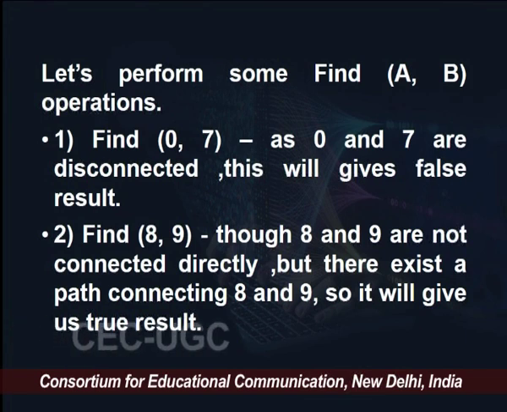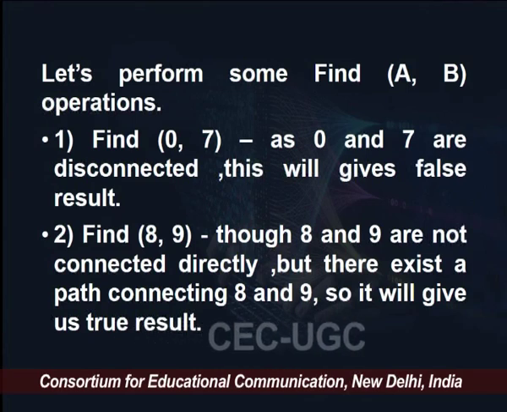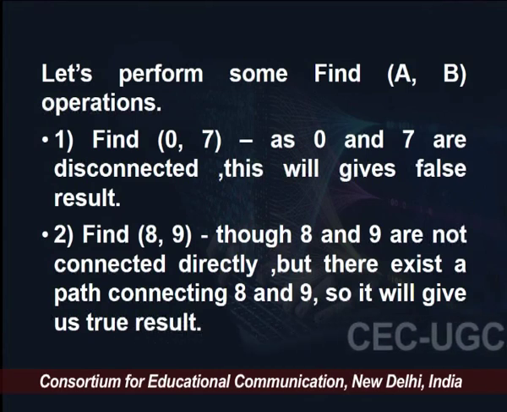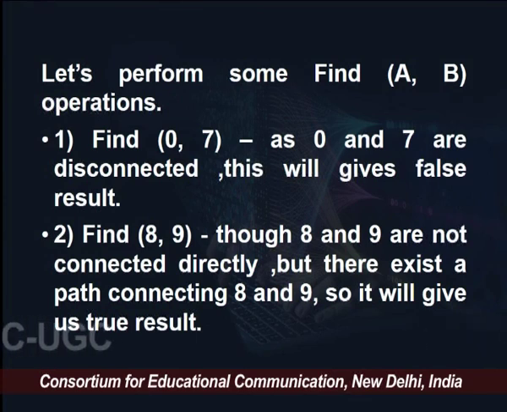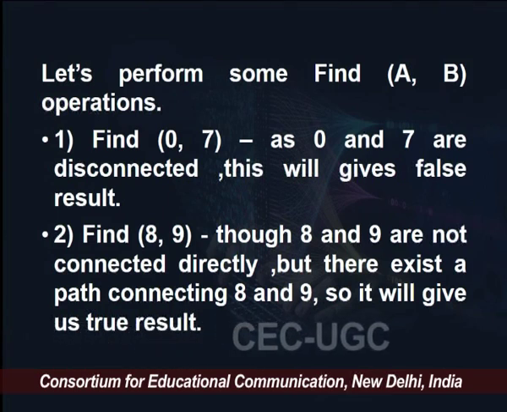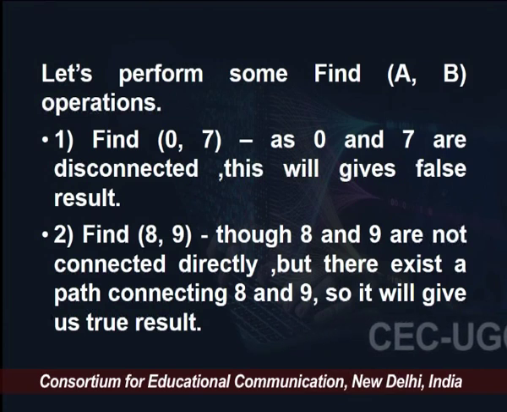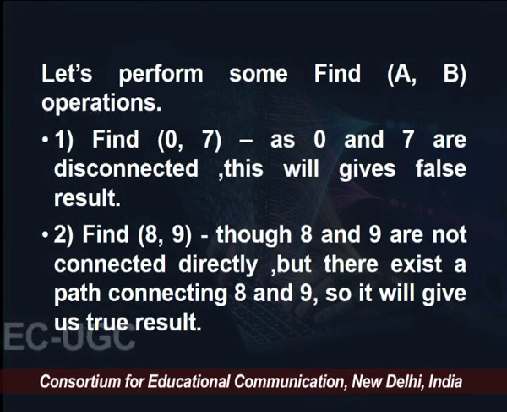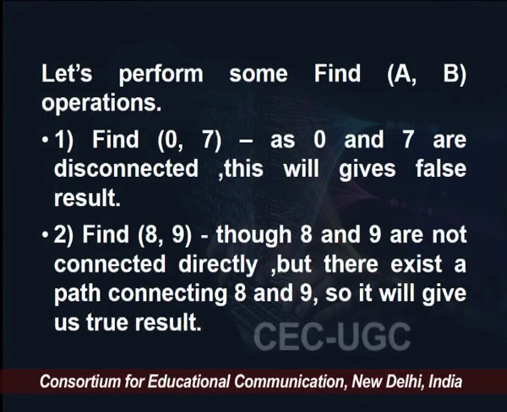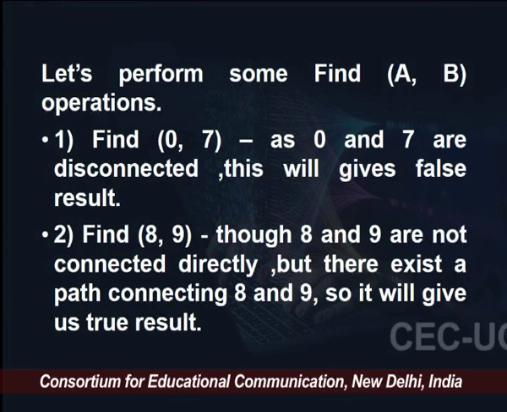So, it will give us true as the result, because find 8 comma 9 will actually check whether the set to which 8 belongs and the set to which 9 belongs are the same or not. These two sets are the same, so that means this is going to give us the result true.